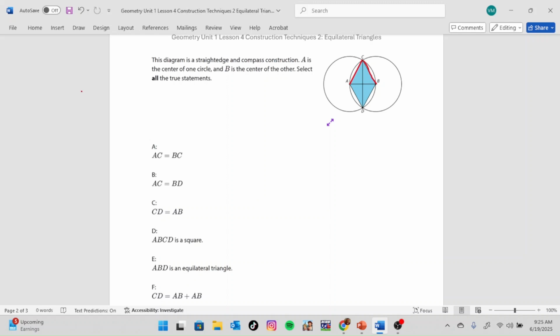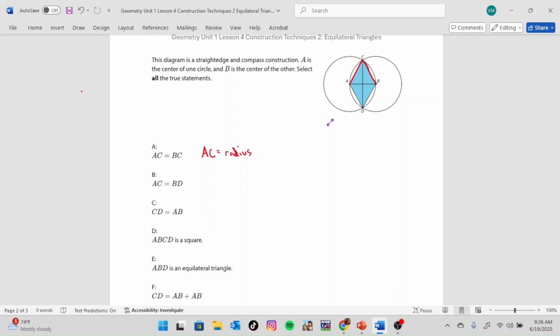Now, line segment AC goes from the center of the left circle out to the edge. That means AC is a radius. Line segment BC goes from the center of the right circle out to the circle.